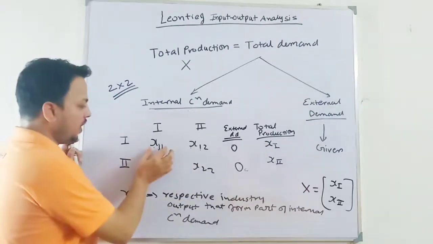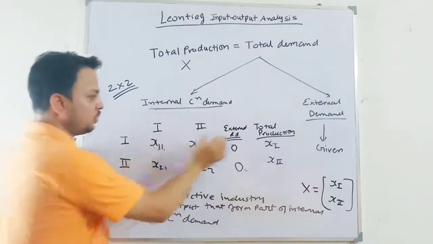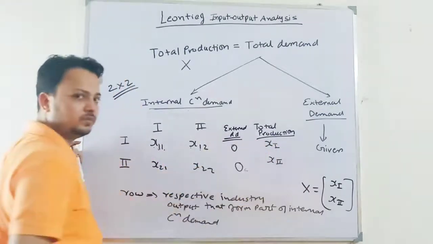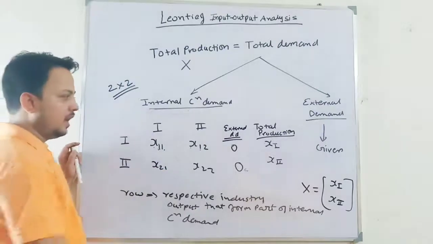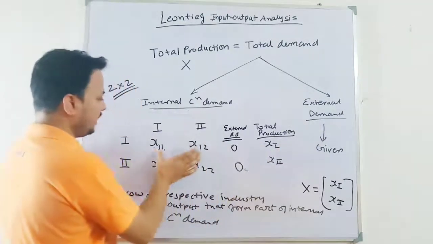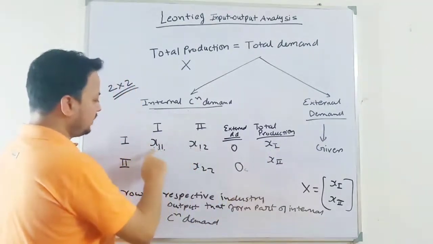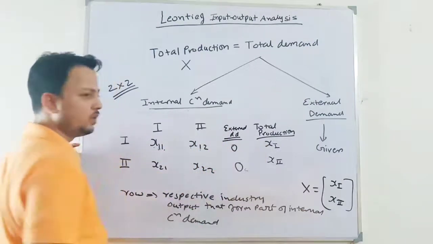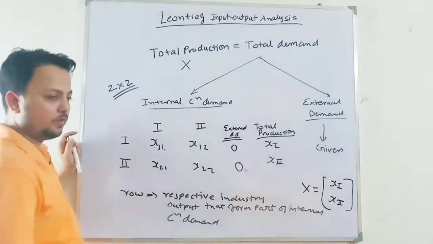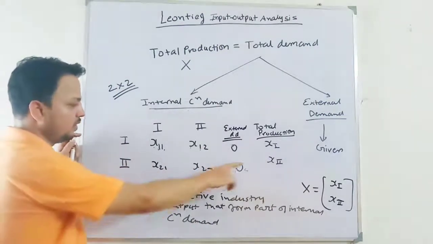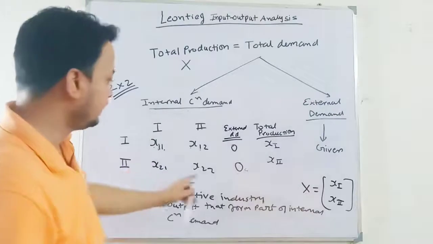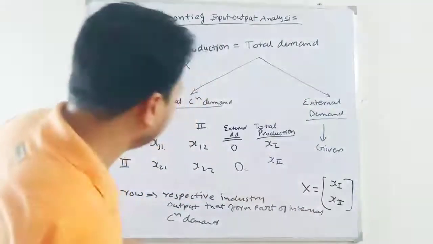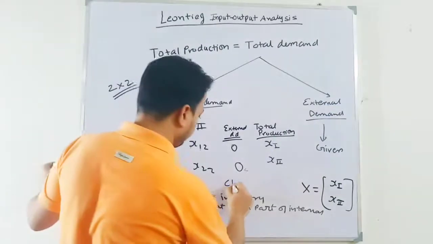Part of the output it used to produce this, part is borrowed from second industry to produce this much output. When I add the total output of industry 1, this and this, because external demand is zero, it will equal the total production of industry 1. Similarly for industry 2. This is the Leontief model. So when you put external demand at 0, it is called the closed Leontief model.